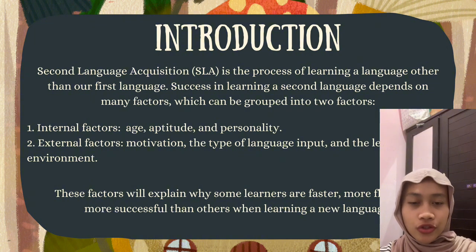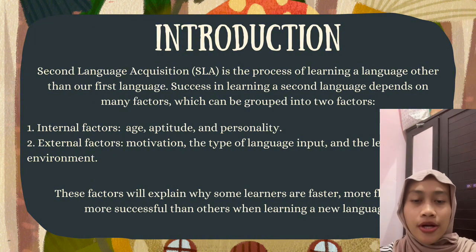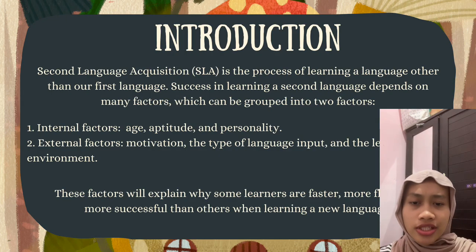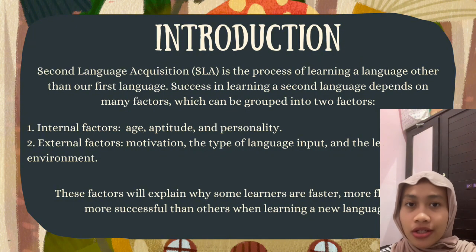So for the introduction, second language acquisition is the process of learning a language other than your first language. Success in learning a second language depends on many factors, which can be grouped into two categories. The first one is internal factors, including age, aptitude, and personality.